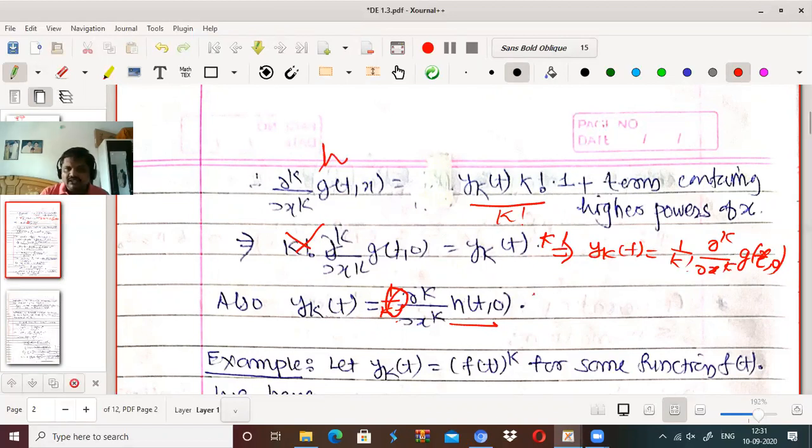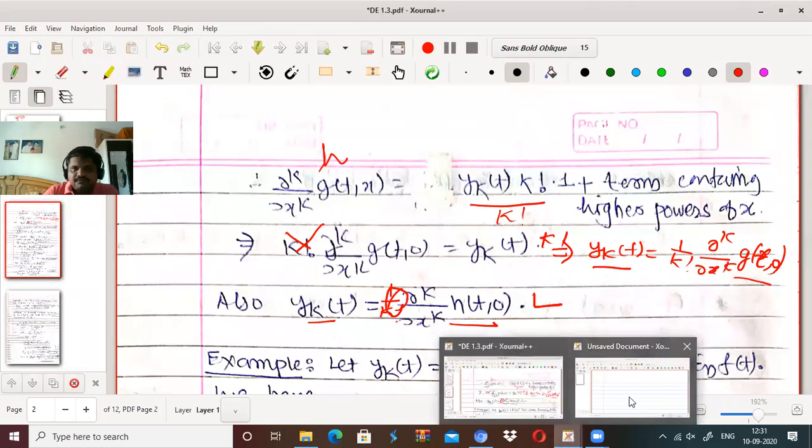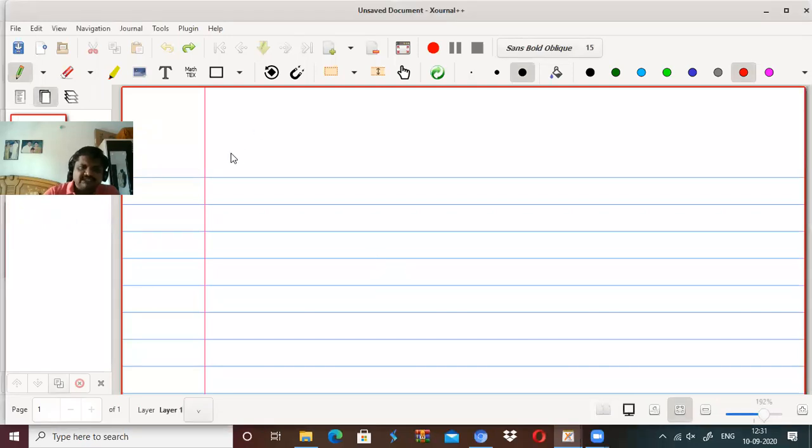What you will get is that y_k(t) becomes the kth derivative of h with respect to x at x equal to 0. So either you use this formula for y_k(t) in terms of the generating function, or this formula in terms of exponential generating functions. There are some examples where we will find the exponential and the ordinary generating functions.